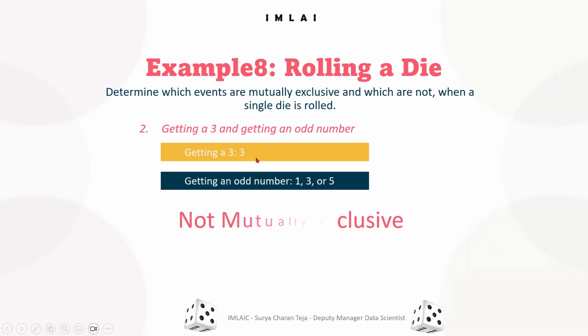When you have a common intersection, you cannot say this is mutually exclusive. I think you can draw the Venn diagram to visualize this also.